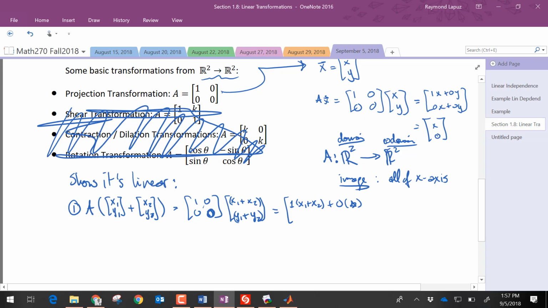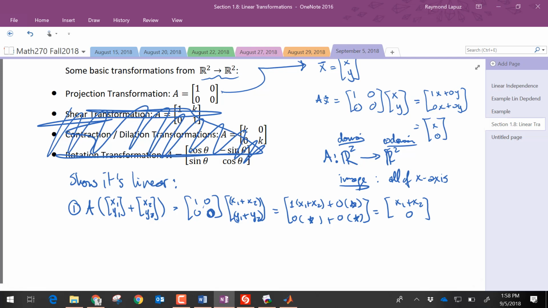And then the next one would be 0 times x1 plus x2 plus 0 times y1 plus y2. I'm not going to write all that out because it's all going to be 0 anyway. And then it all simplifies to just x1 plus x2 and then 0.